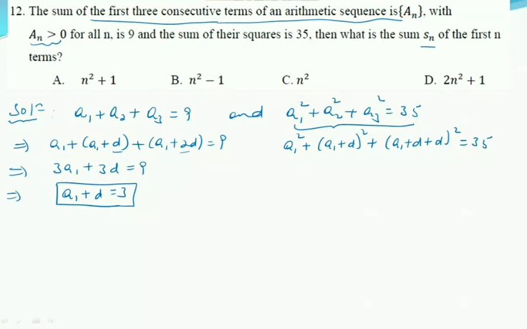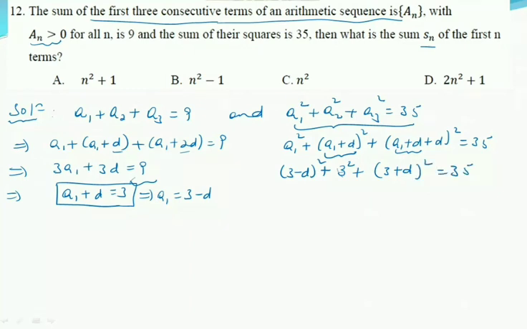Here a1 means 3 minus d. So in place of a1, I can write (3 minus d) squared, plus (a1 plus d), which is already 3, so 3 squared, plus (3 plus d) squared is equal to 35.